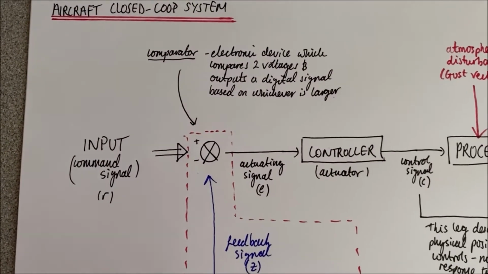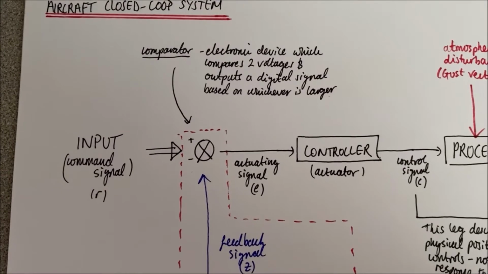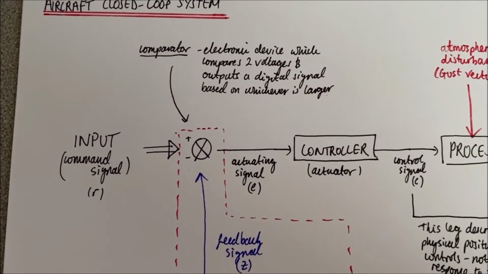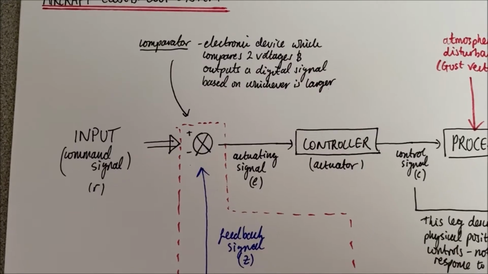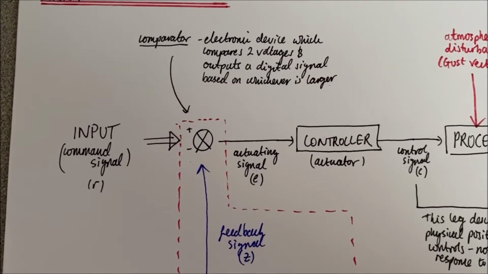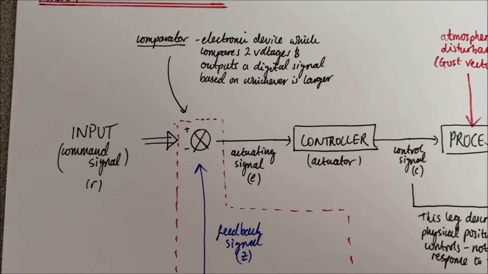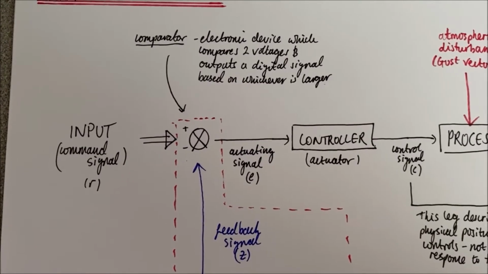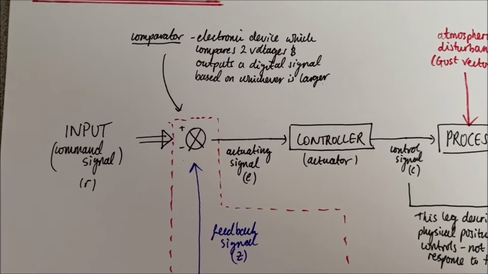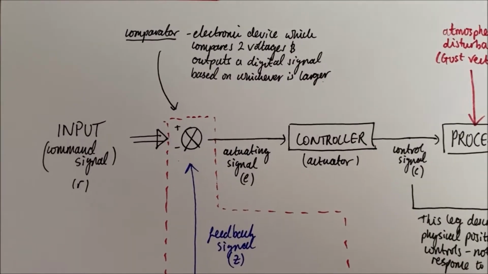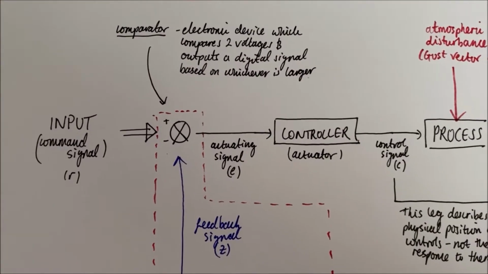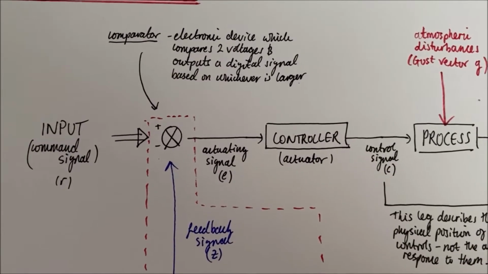Now basically this just compares two signals and then outputs another signal based on the comparison of those two signals. So this is where our feedback signal is going to be fed into, and it's going to be compared to the original input signal. So from there, an actuating signal, given the notation E, is sent out to a controller.